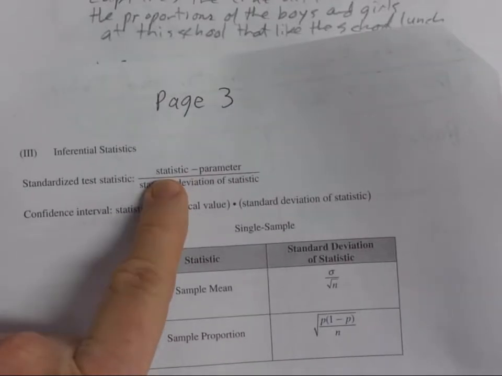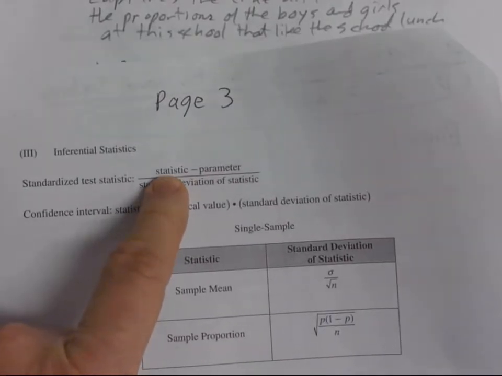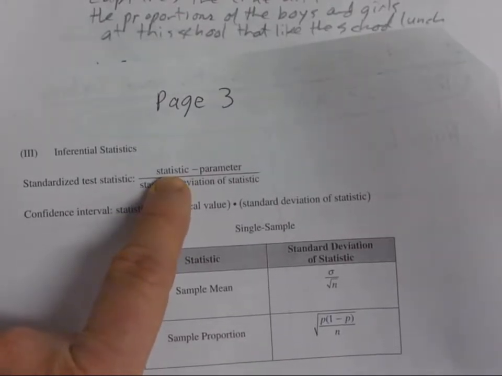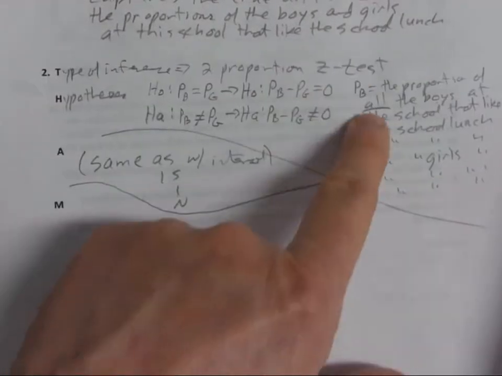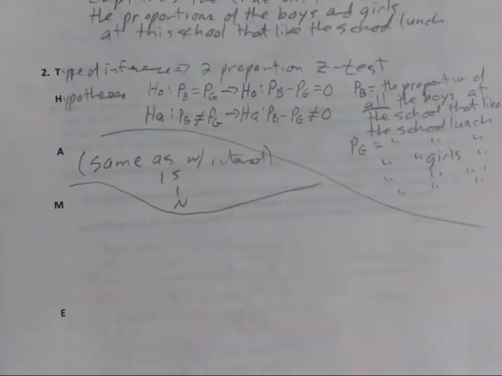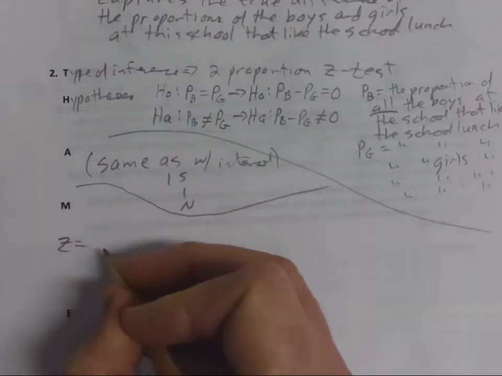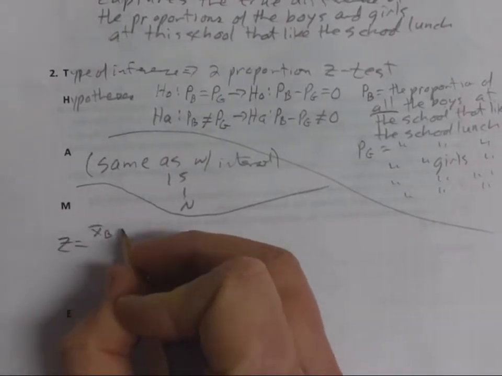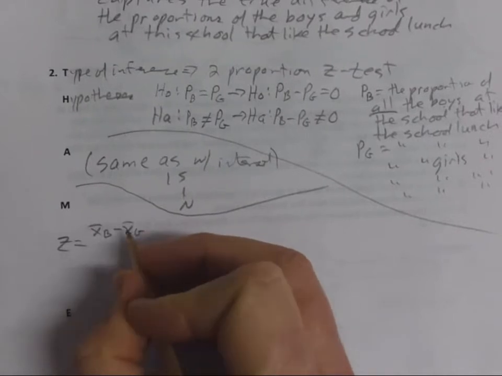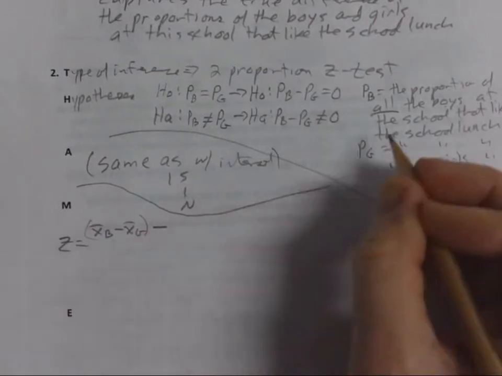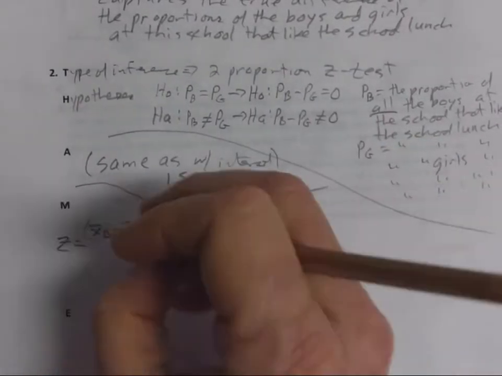Okay, the statistic, well, we've got two of them, and we're subtracting them. So we subtract our two x bars. Our parameters are these two things, so we'll subtract those. So if we did that real quick, z, our statistic, is just going to be x bar sub boy minus x bar sub girl, and then minus our parameter, which is, that's not x bar, it's p hat.